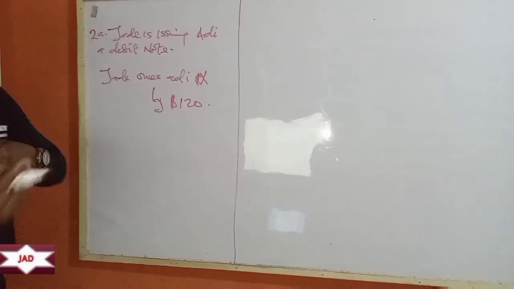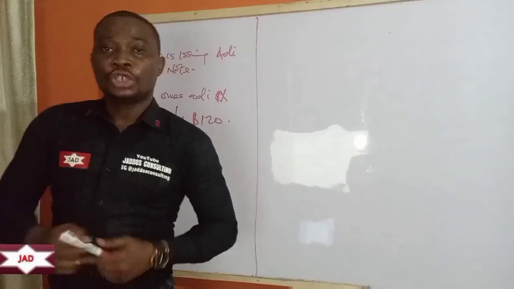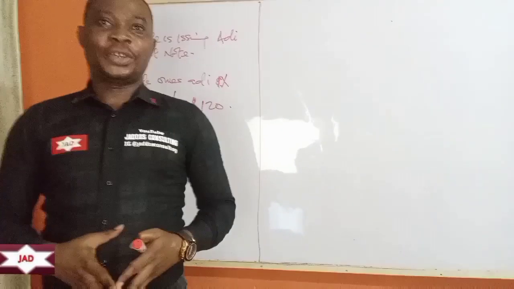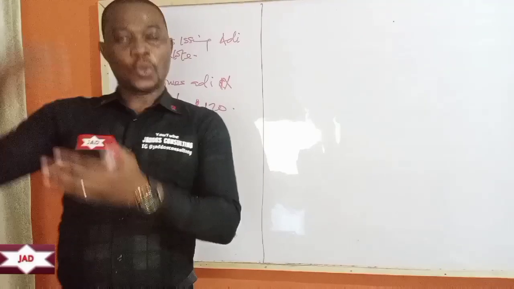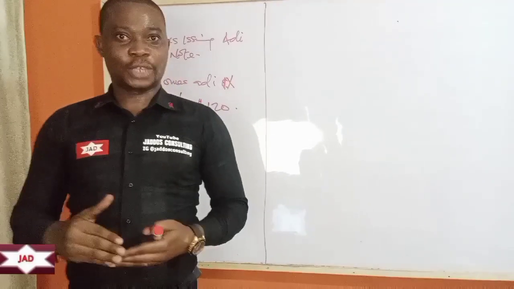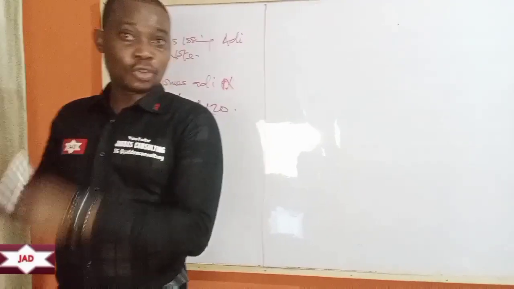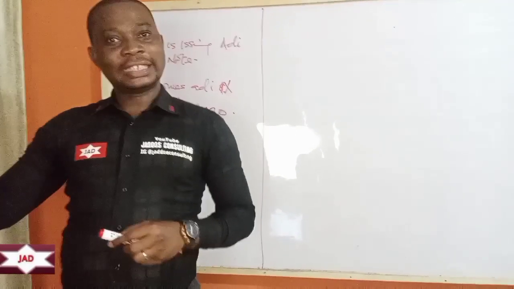So basically, Jade is issuing Adi with a debit note. Remember, a debit note is issued either to increase the debt of an individual, that is where the person is owing, an undercharge, or to reduce what is being owed to an individual.